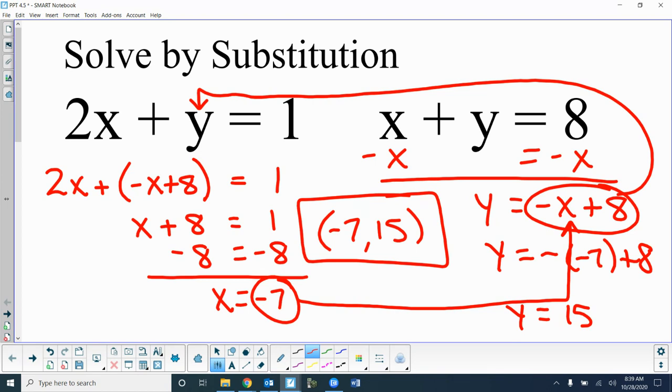All right, so we're going to be doing some solving again, a system. Yeah.